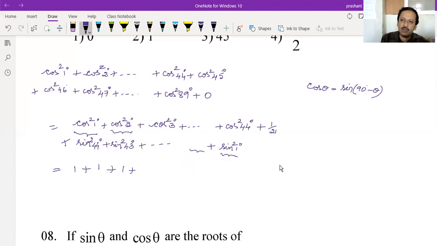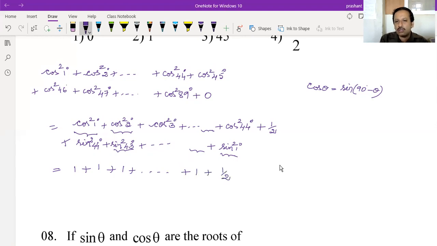Just before this, there will be sin square 44 degree. Cos square 44 plus sin square 44, that is 1. Plus 1 by 2.